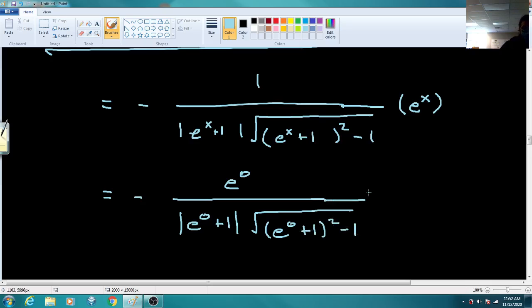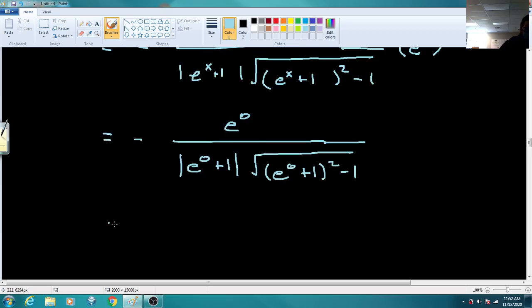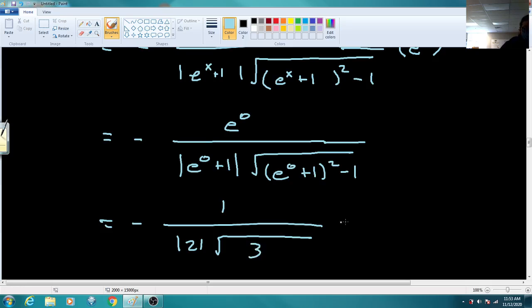So we get negative, e to the 0 is 1, so that'll be over absolute value of 1 plus 1, which is 2, times the square root of 1 plus 1, which is 2 squared, which is 4, minus 1, which is 3. So that'll be negative 1 over 2 square roots of 3 for our answer.